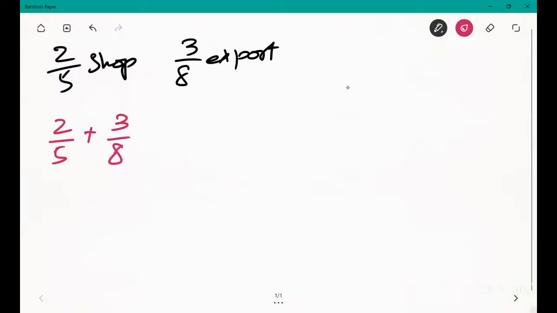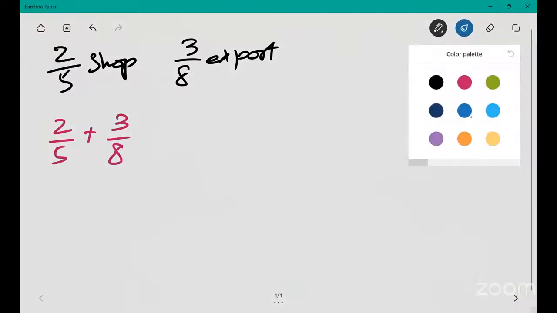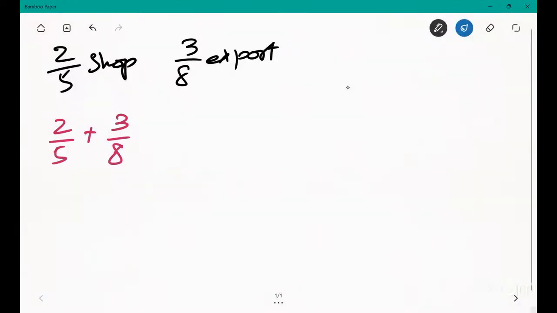And then here you can see that your denominator is not the same. So you're going to multiply both by a certain number. So here it's going to be 40. You have to get the number that is common to both and very small. Okay, so 40 here. So for us, you have to multiply here by 8 and here by 5.